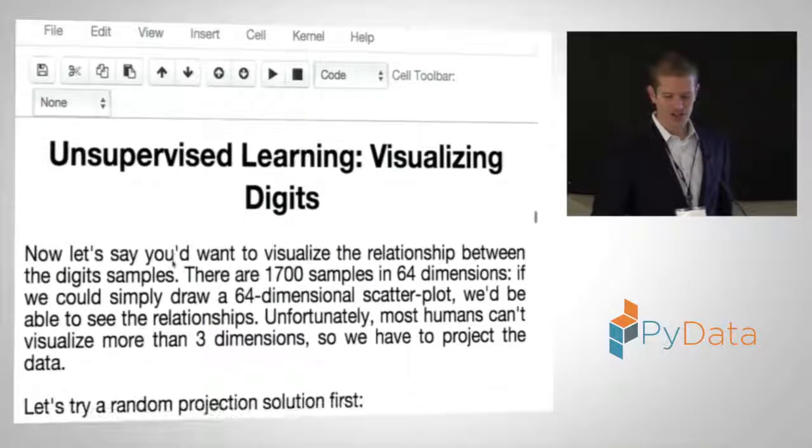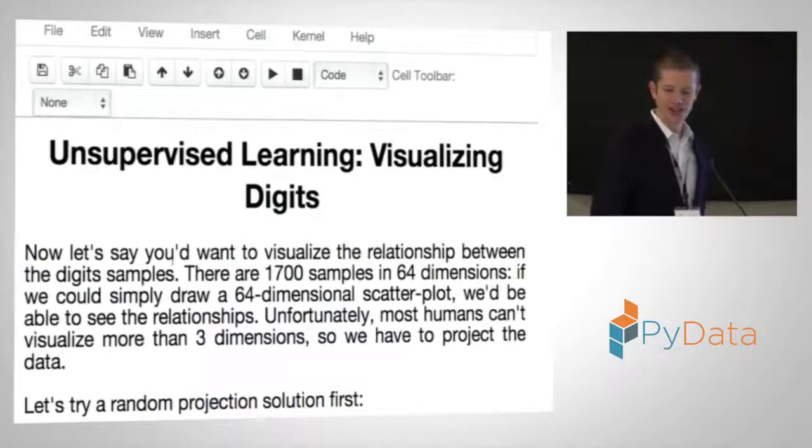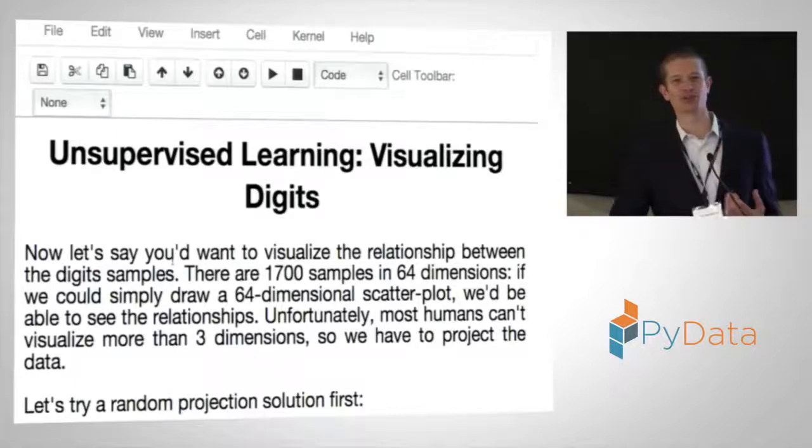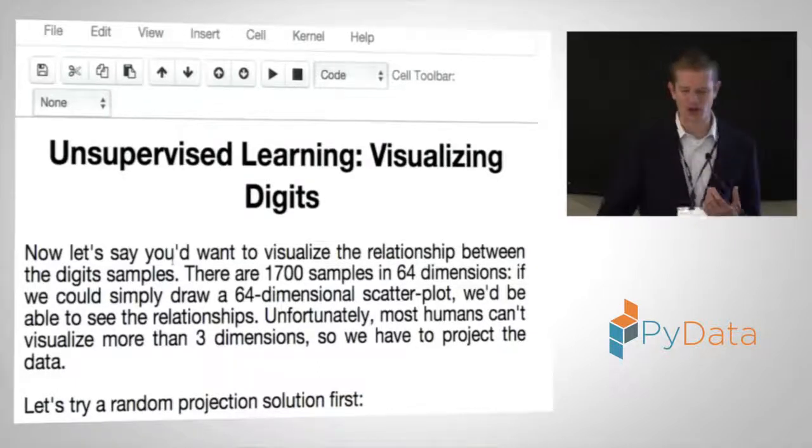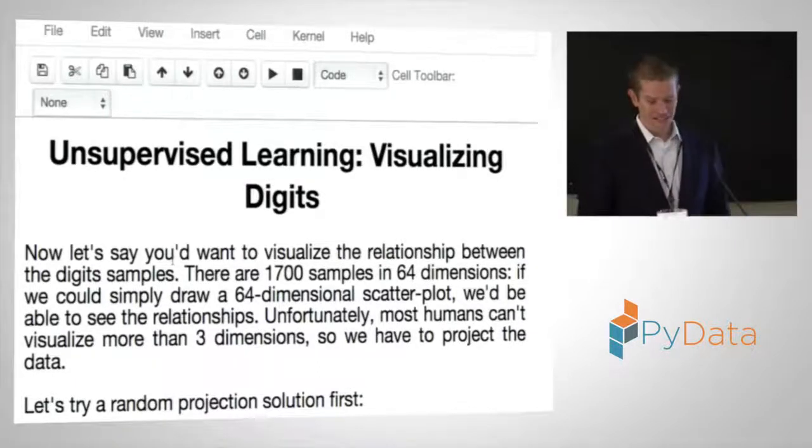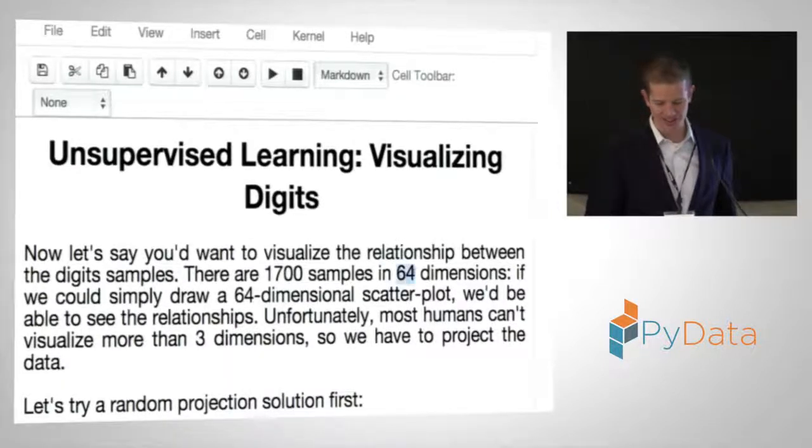So let's go to unsupervised learning now. Looking at these digits, one method you might want to use with unsupervised learning is visualization. We have here 1,700 or so samples in 64 dimensions.